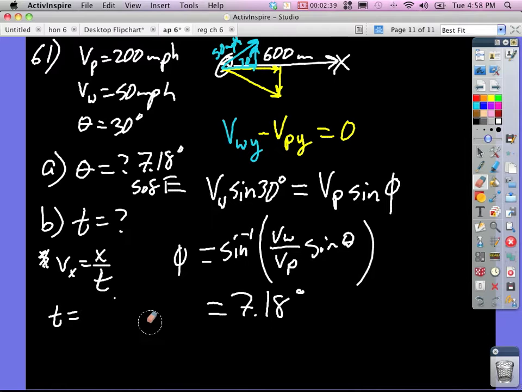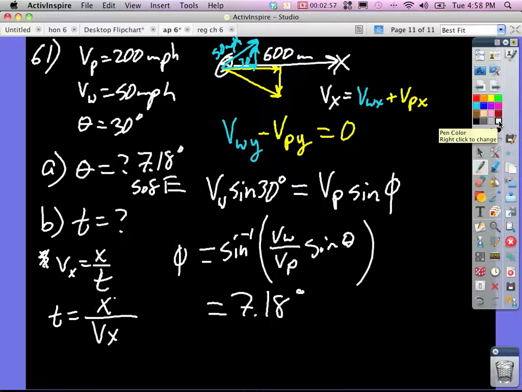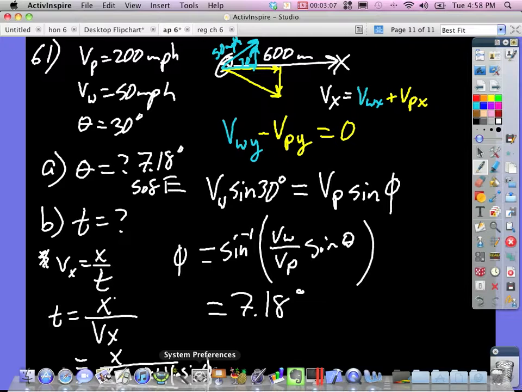Sorry, t is going to equal x over Vx, and the only issue here is that Vx is equal to Vwx plus Vpx. Okay, and so that turns out to be x over Vw cos theta plus Vp cos phi.